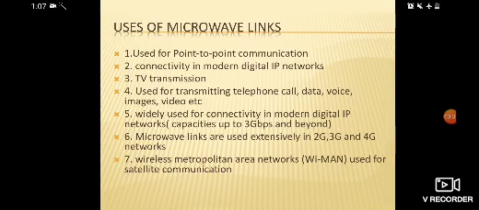Nowadays, for the transmission of TV signals, we use microwave links. Not only TV transmission, we also use them for telephone calls, data usage, voice calls, and passing images and video.